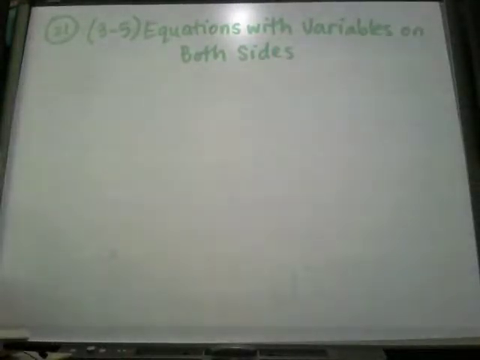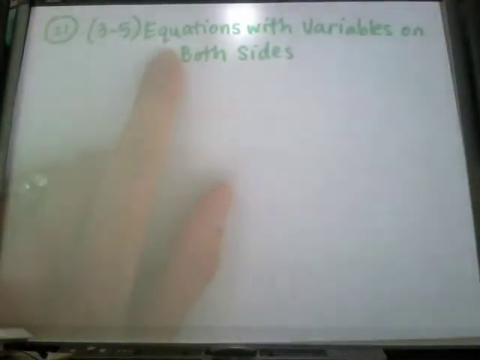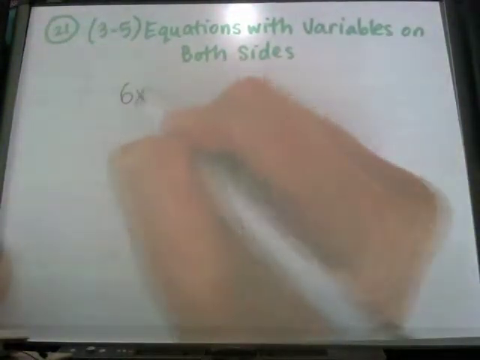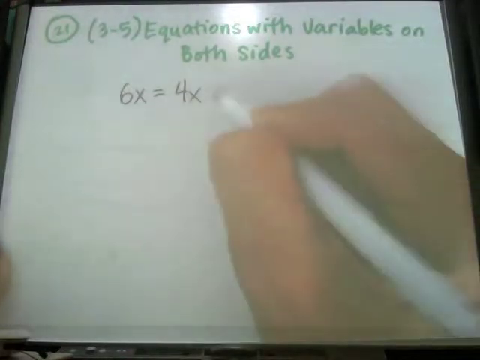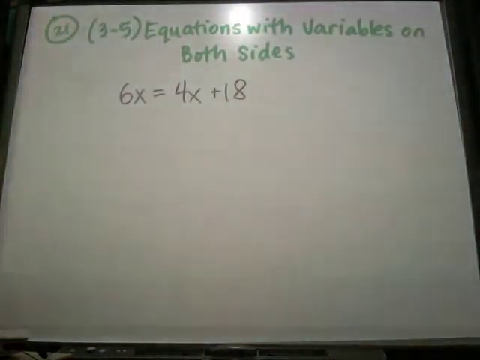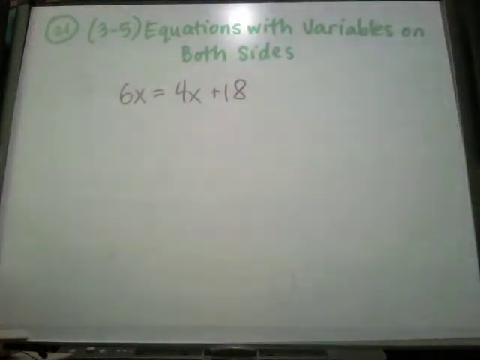So, the idea with this, when we have an equation with variables on both sides, for example, 6x equals 4x plus 18.